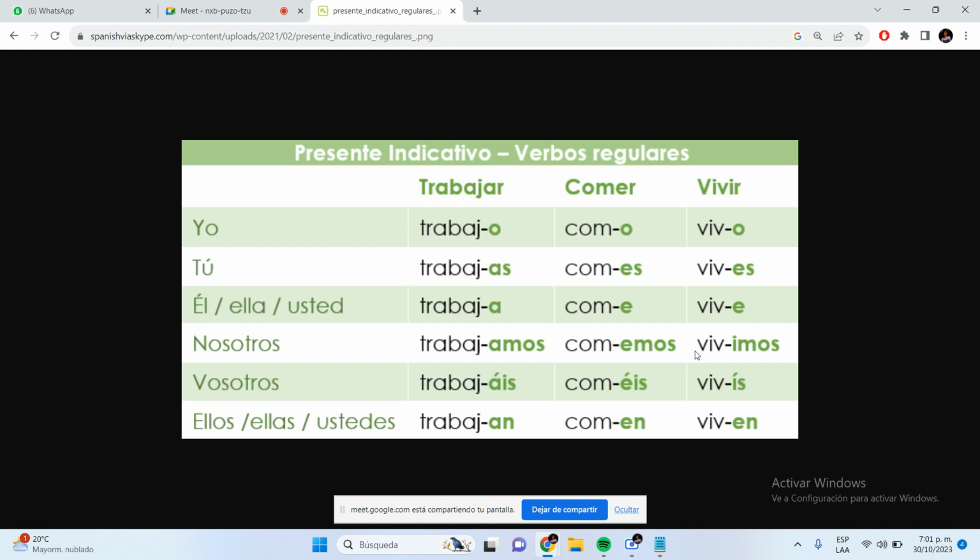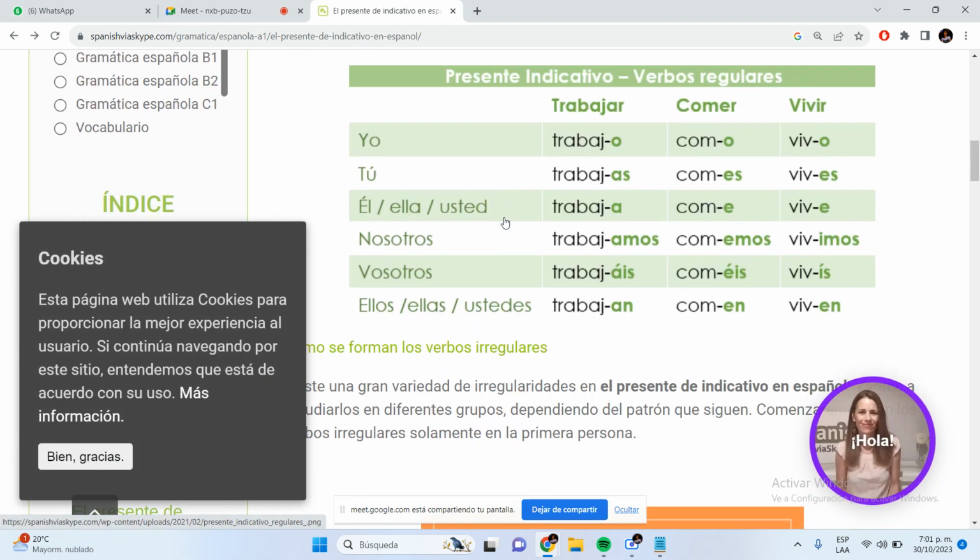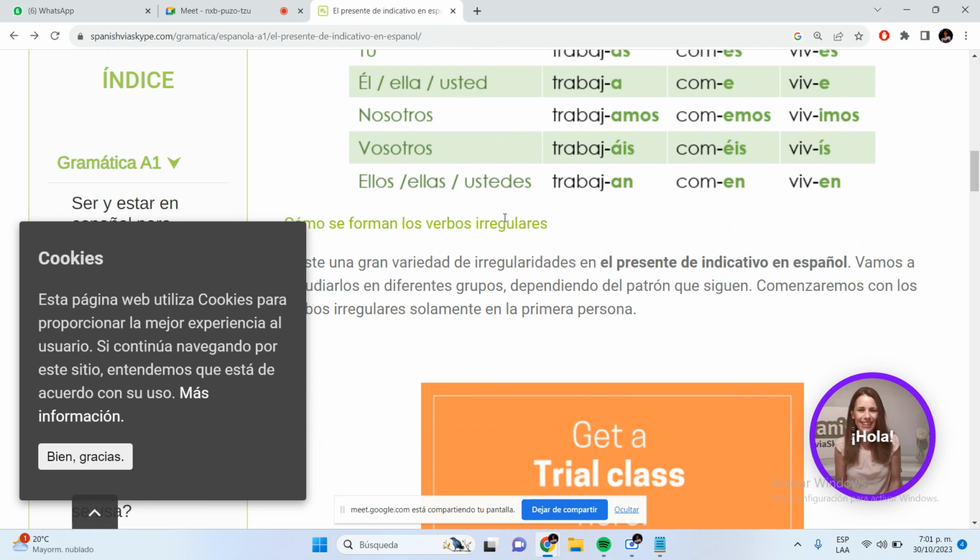So those verbs are really simple, right? You can memorize it, and even if you don't want to memorize it, when you talk, it's going to sound like you memorized it throughout time.